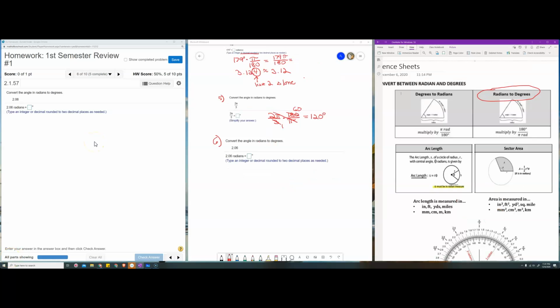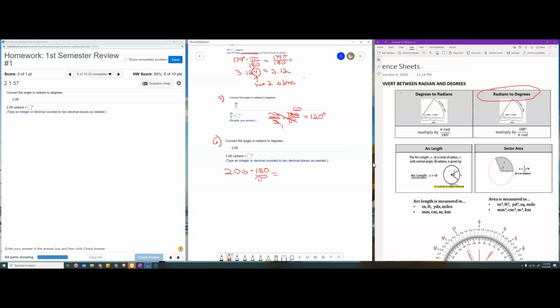Question 6. Convert the angle in radians to degrees. So we're using our same formula, but this time we're going to be using the calculator because it's asking for a decimal rounded to 2 decimal places. So 2.06 times 180 over pi.